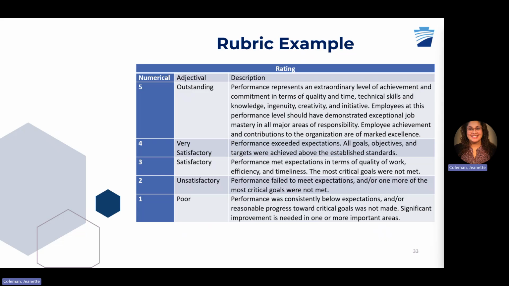The sponsor does not need to use this exact example of a rubric, and the ATO is not suggesting to use this one, but it should give you an idea of how to create one that measures your apprenticeship program standards.